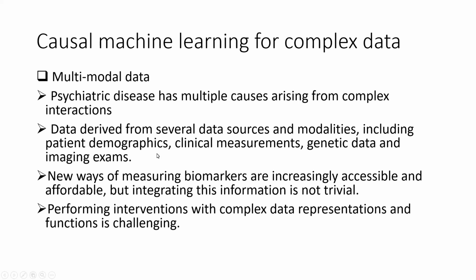Several new procedures for measuring biomarkers are increasingly accessible and affordable, but integrating this information is not easy. In addition, performing interventions with complex data representation and function is challenging.